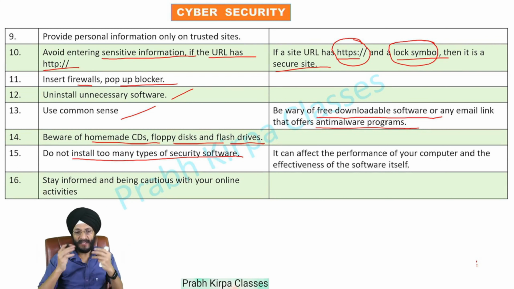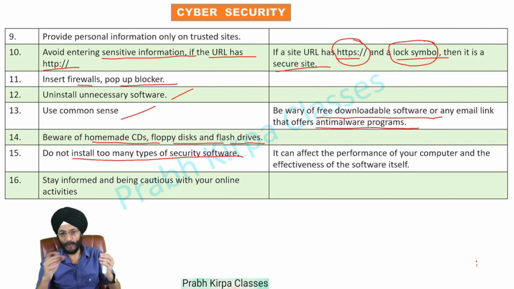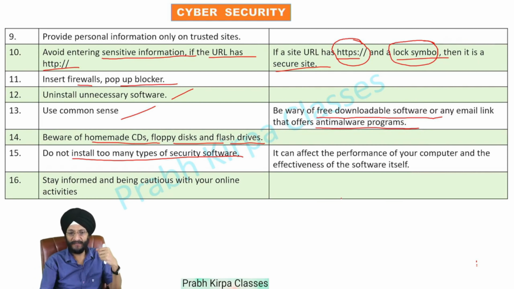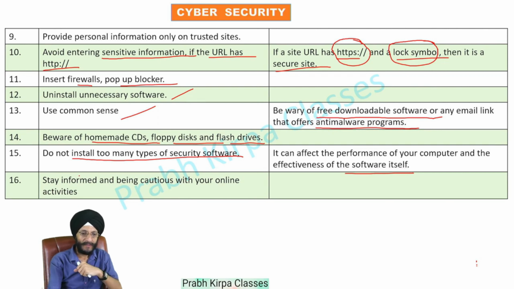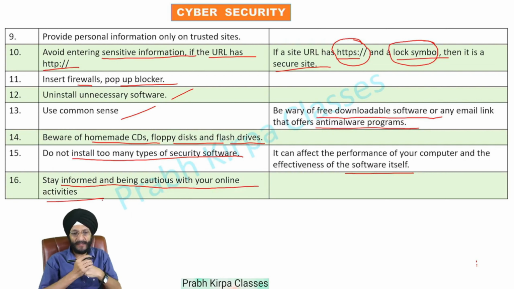If we do this, it will ultimately affect the performance of our computer and the effectiveness of the software itself. So you may use the security software of a reputable organization. Then we should always remain informed and be cautious while you are using the internet.